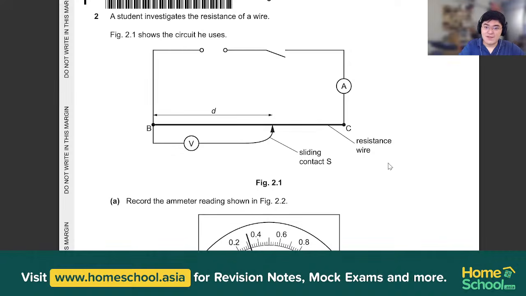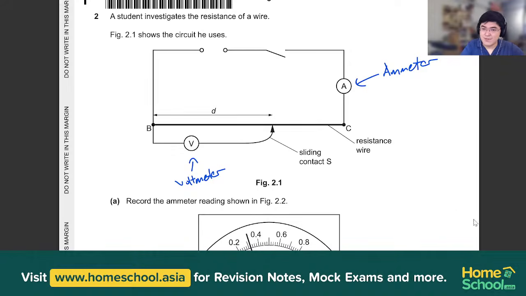As you can see over here, this circuit is connected to an ammeter over here and a voltmeter over here. And if you do remember, an ammeter must be connected in series, while a voltmeter has to be connected in parallel to the object you are measuring.